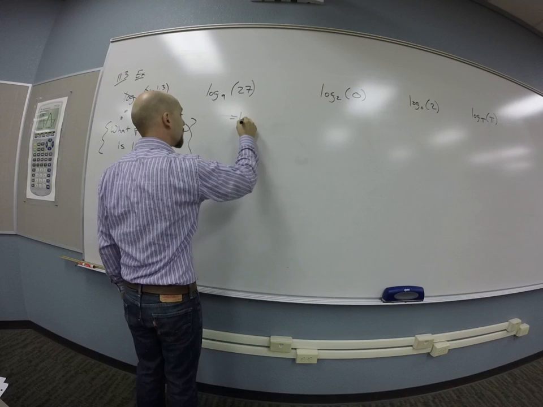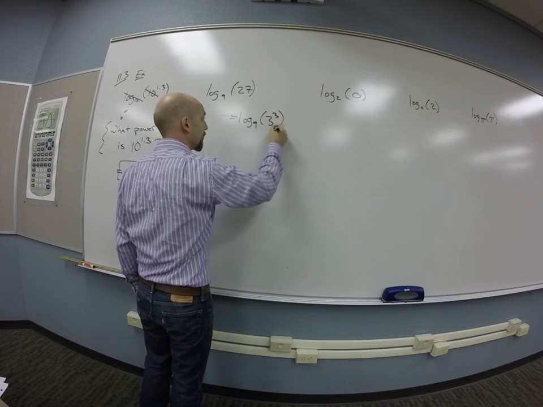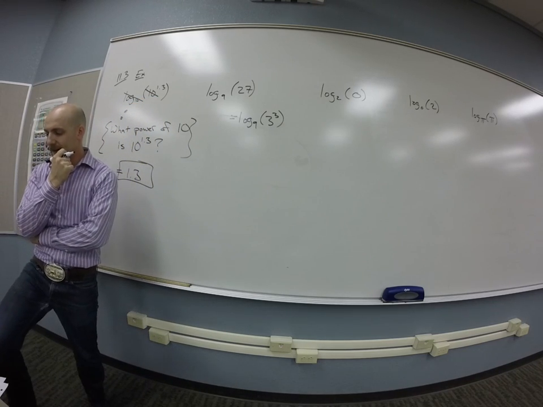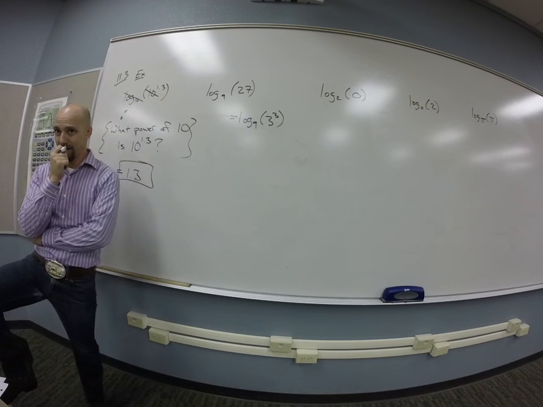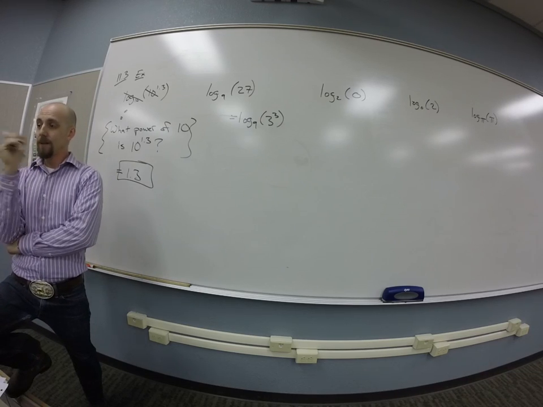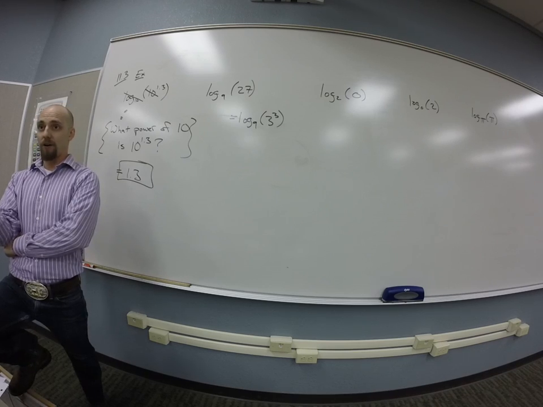So this is the same thing as log base 9 of 3 cubed, right? Am I ready to get an answer out of this thing? Not quite. So you have to make the bases match. 9 is 3 squared, right?